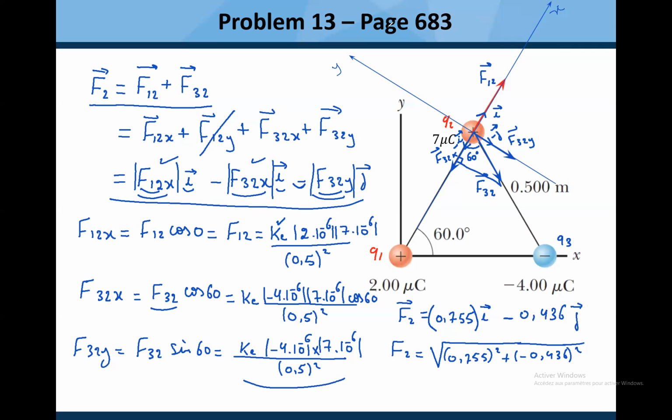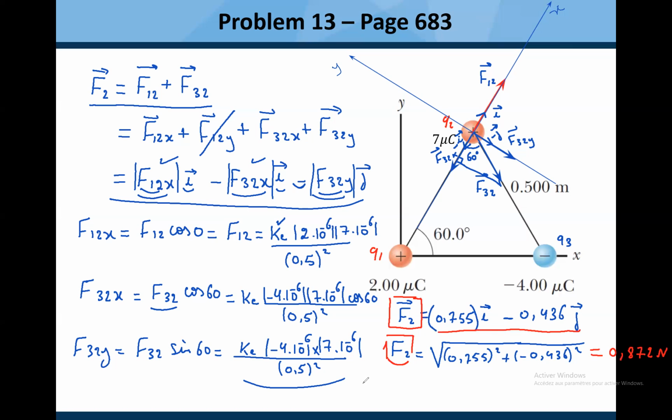We get 0.872 newton. Now, if I ask you to calculate the magnitude, it's okay. If I ask you to calculate the force vector, you have to calculate this equation.